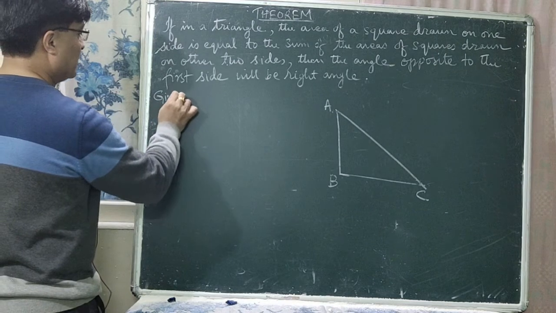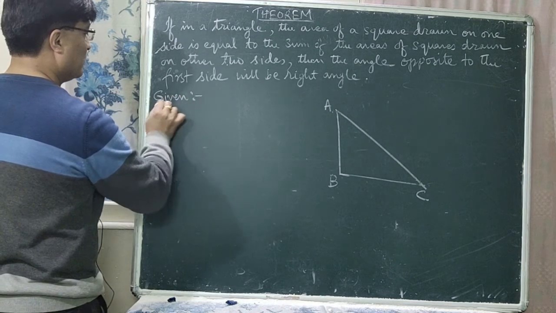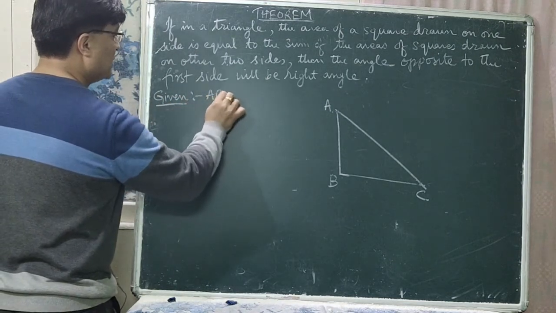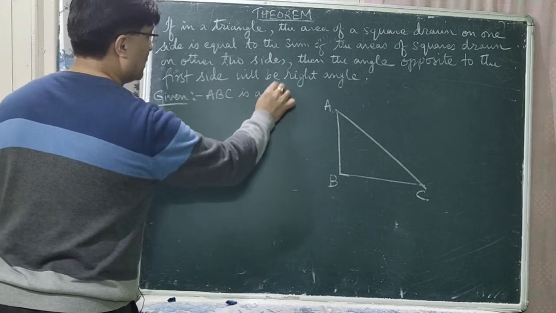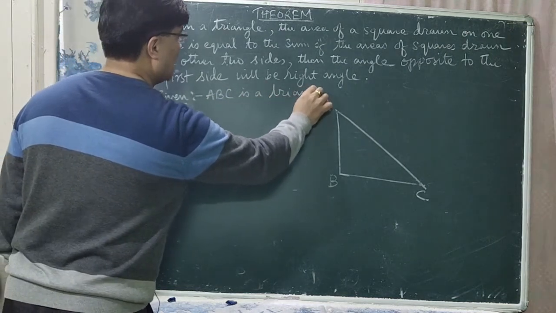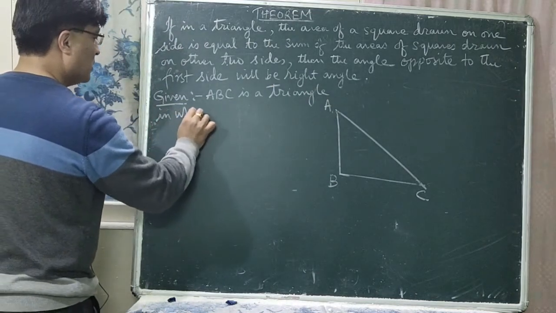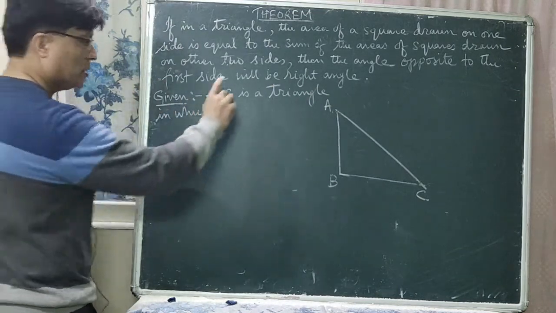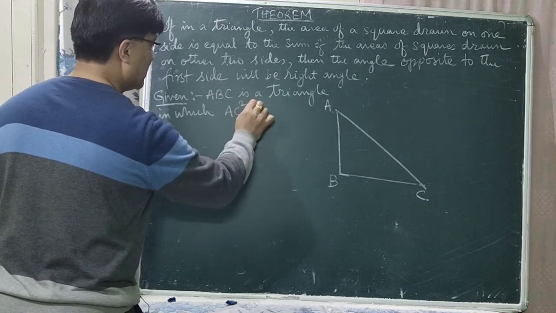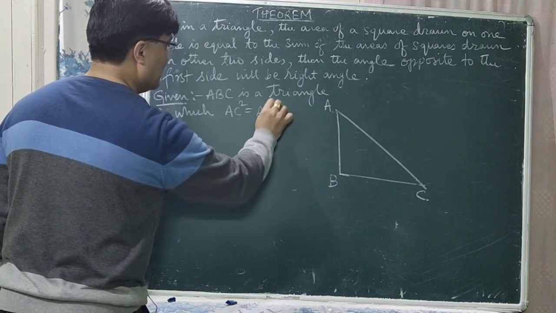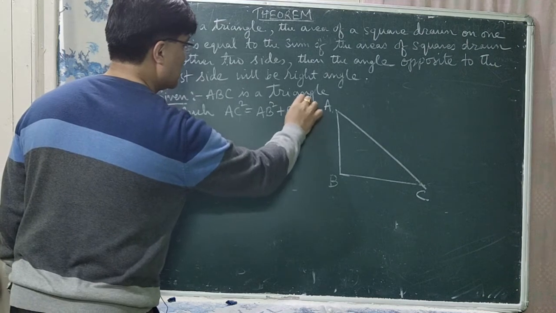So let us write down the given. ABC is a triangle in which AC square is equal to AB square plus BC square.